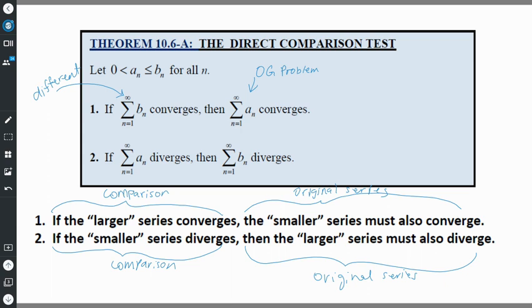It's on page 14. All two sentences are on page 14? No, it's series and sequences. If the comparison is larger and it converges, then the smaller series must converge.